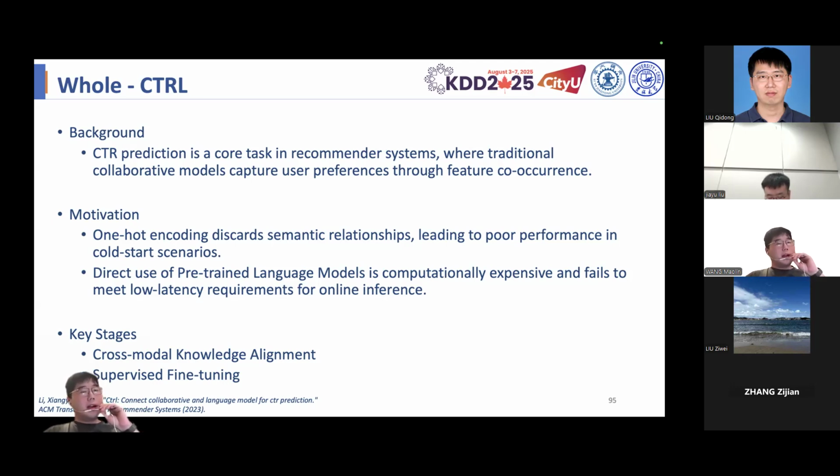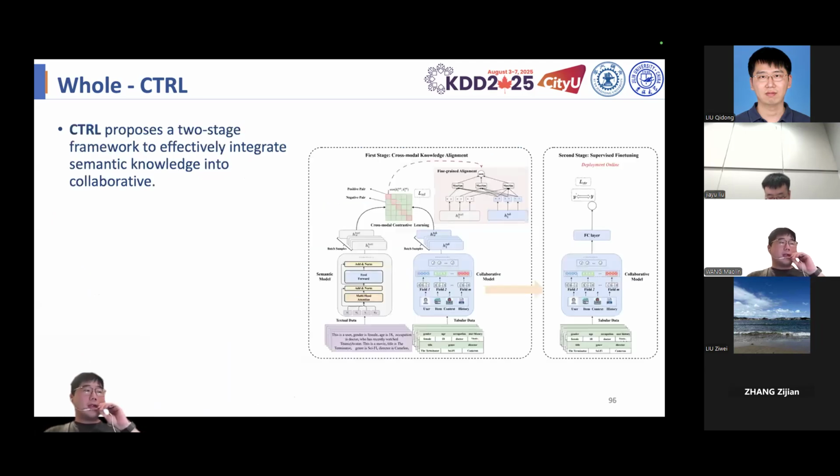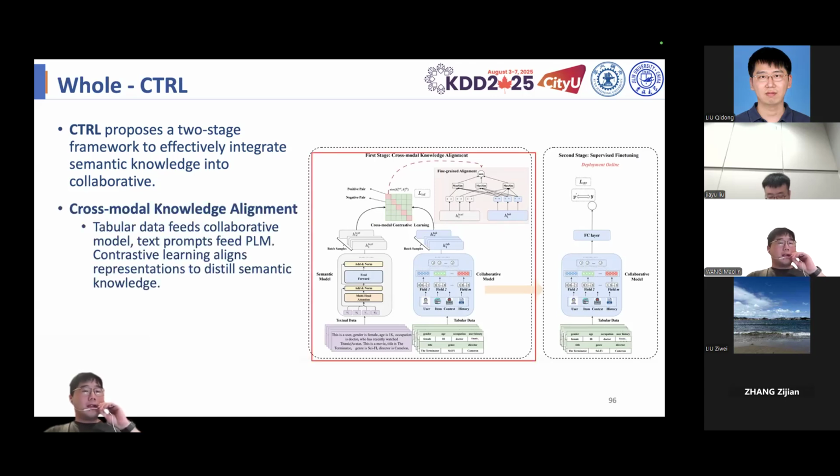There are two key stages of CTRL. The first is cross-modality knowledge alignment, and the second is supervised fine-tuning. CTRL proposes such a two-stage framework, and in the first stage, cross-modal knowledge alignment, we feed the tabular data to a collaborative model and the same data as text prompts to the large language model.